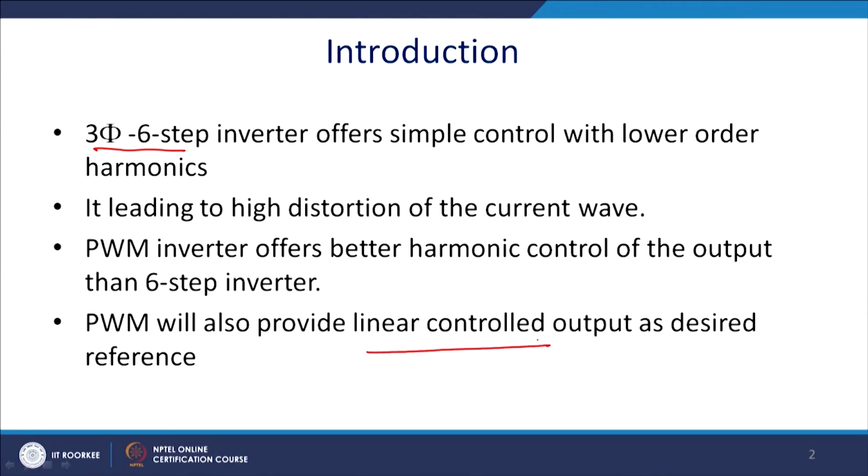Thus the current THD content will be much lower compared to the square wave inverter, and it can also scale the voltage up and down in a linear region. That is one of its advantages. PWM also provides linear control of the output as desired by the reference. That is what was mentioned.